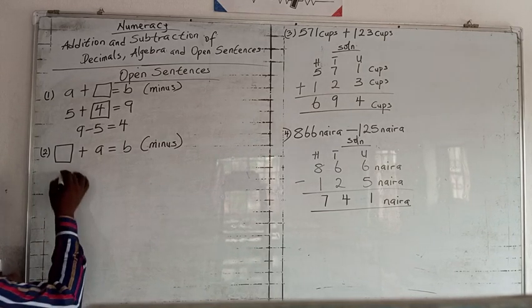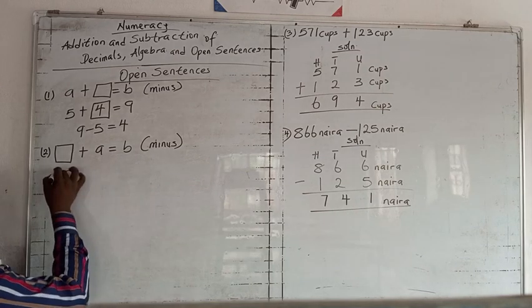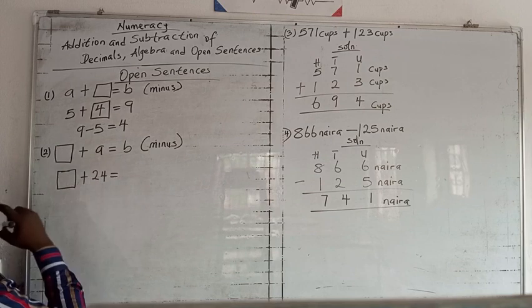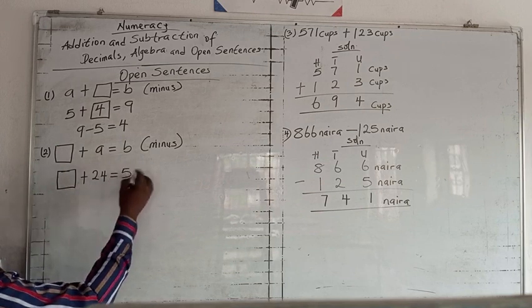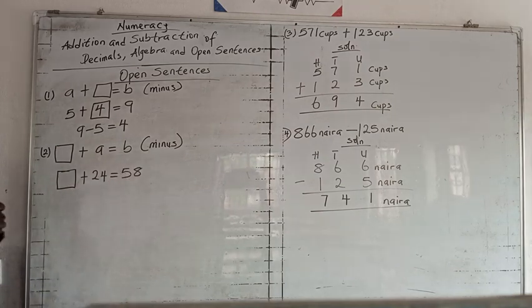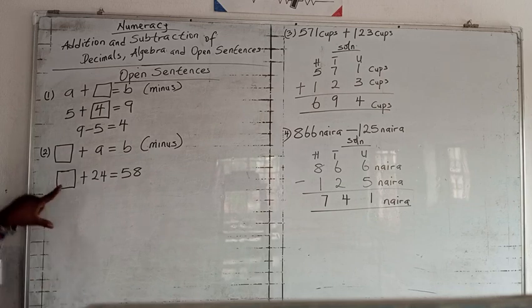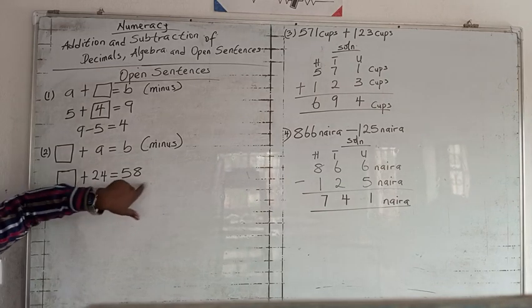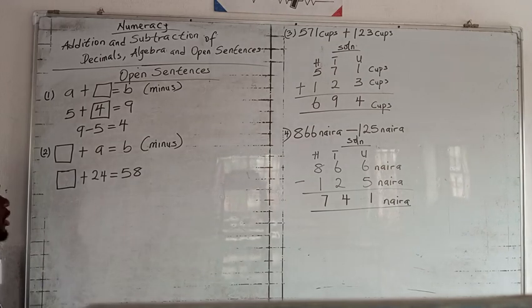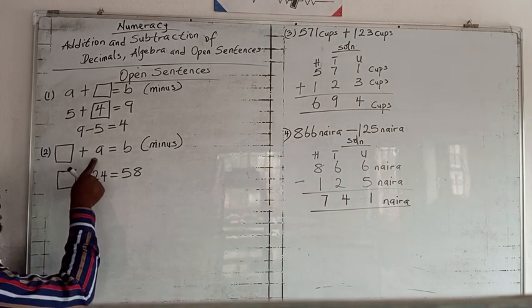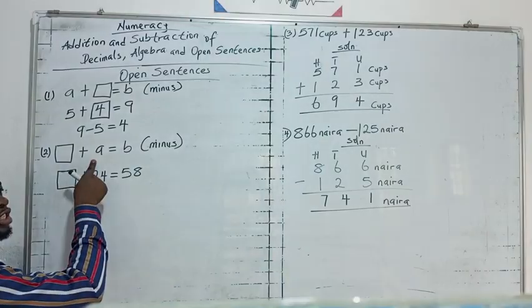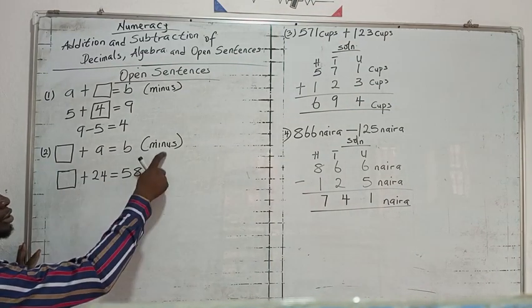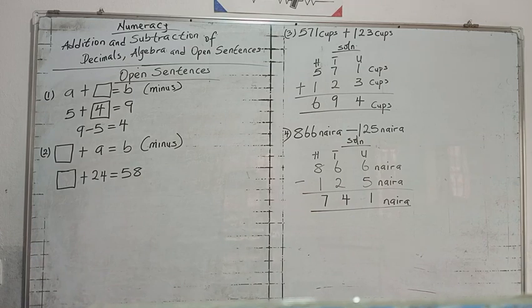So if here I have something like box plus 24 equal to 58. Now I'm asking myself, what should be here that when you add it to 24, your answer will be 58? It becomes simple because we've looked at this: whenever it is arranged in this format, to get our answer, we do subtraction.